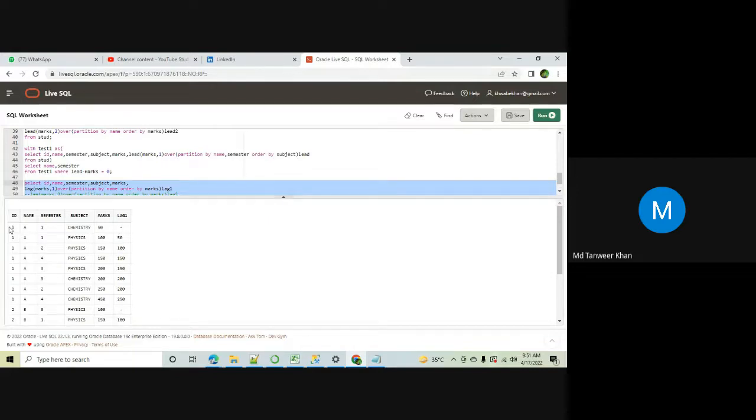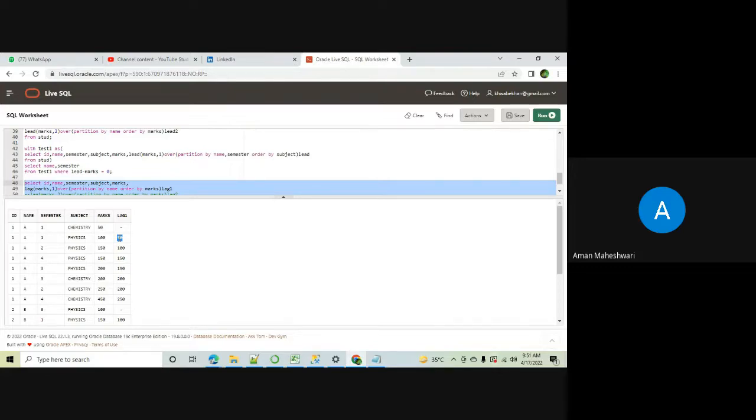Okay. Now who will explain this lag 1? You are asking about the lag function. On this data, tell me why this 50 is here. Because it will take one step backward.